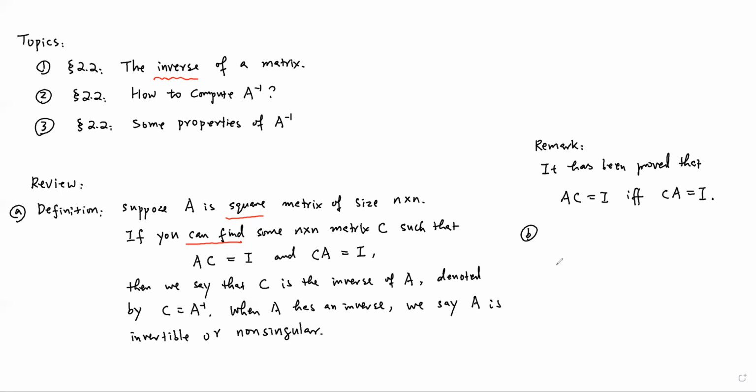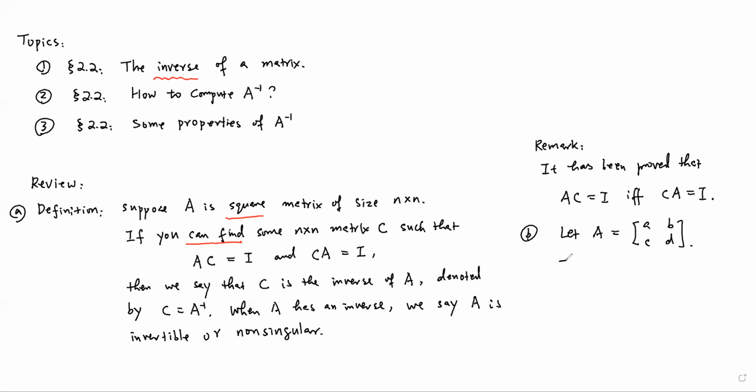Remark B. For a 2x2 matrix, it is very easy to tell whether the matrix is invertible or not. That is a theorem. Let A be 2x2. How do we know this matrix is invertible?